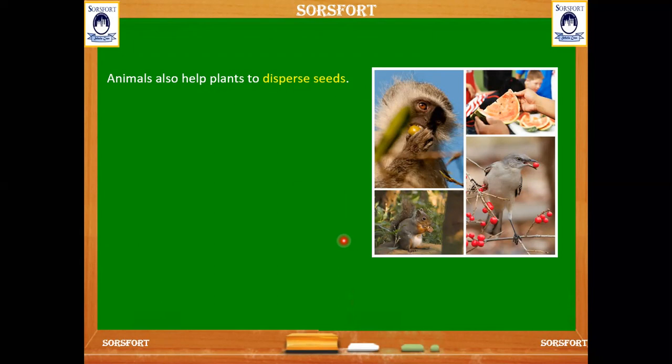Like birds, they carry the fruit from one place to another and throw the seeds wherever they feel, and a baby plant grows from that seed. And this is all about the chapter Plants and Their Food.